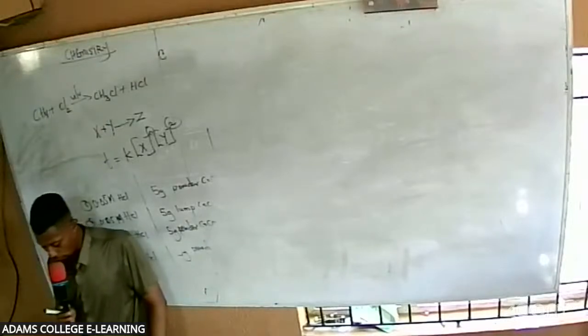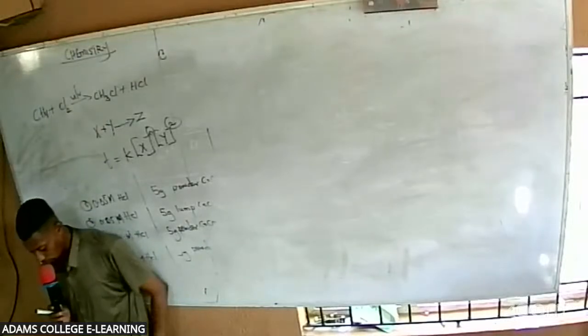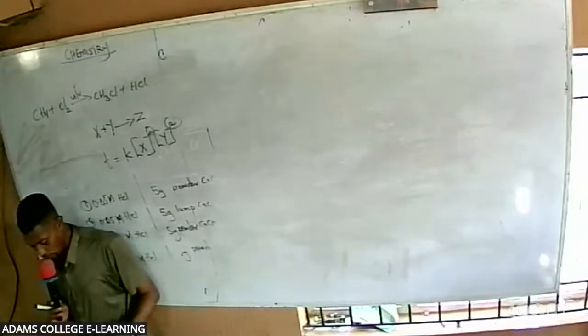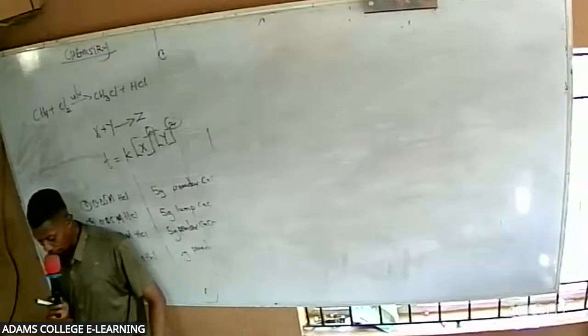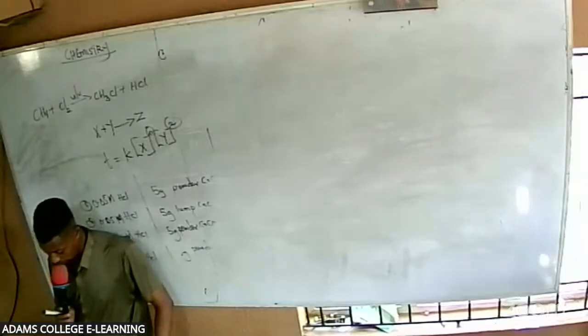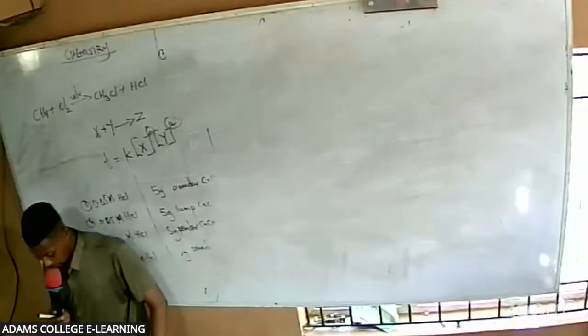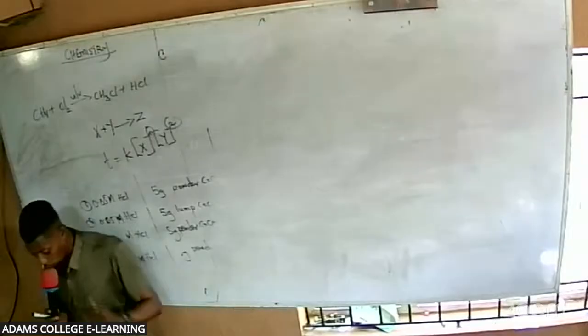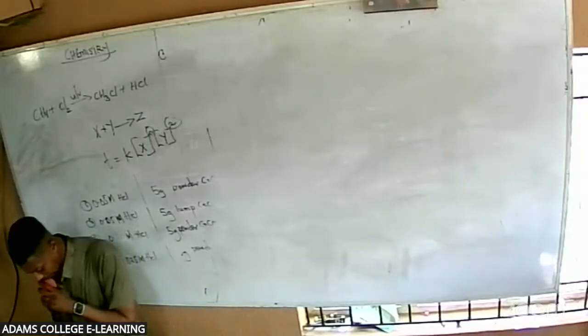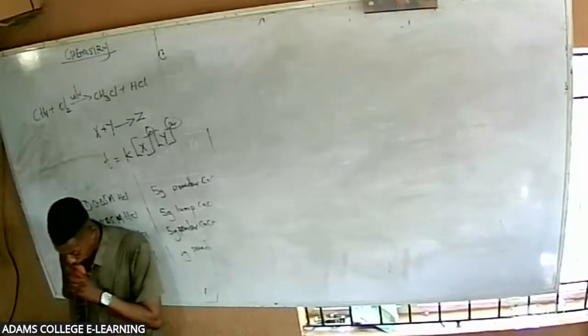1.1 gram of CaCl2 dissolved in 50 centimeter cube of water. These are 1991 questions, so probably you might not get something related to this, but who knows. 1.1 gram of CaCl2 dissolved in 50 centimeter cube of water caused a rise in temperature of 3.4.